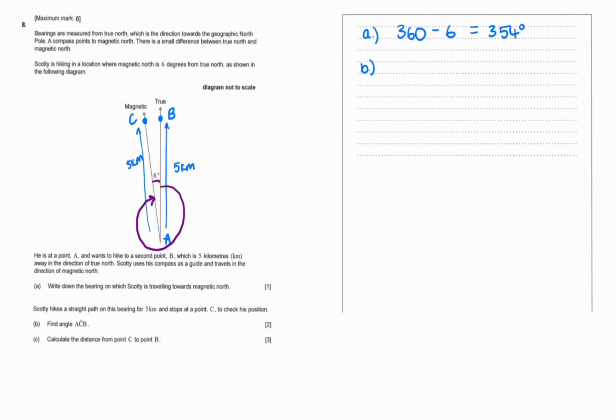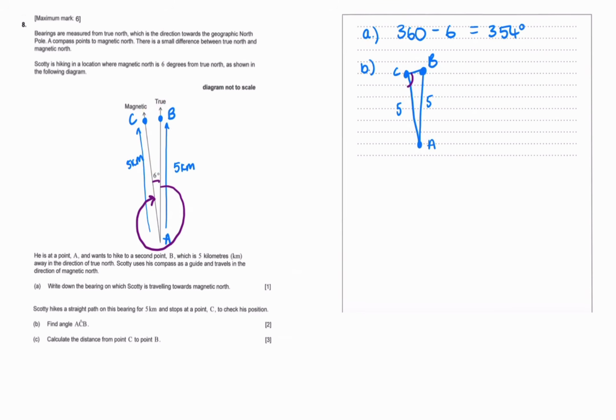A to C to B, I have point A. He's walked 5 kilometers to point C, but he actually wanted to go to B, which is 5 kilometers. Let's make this a little bit smaller, which is 5 kilometers here. Okay, and we're trying to work out the angle of ACB. So A to C to B is this angle here.